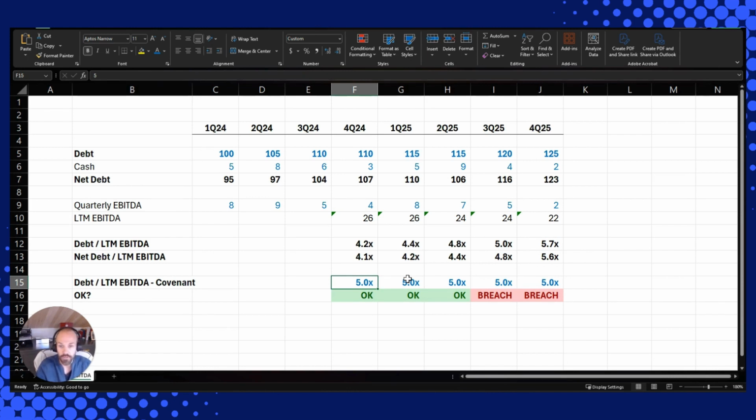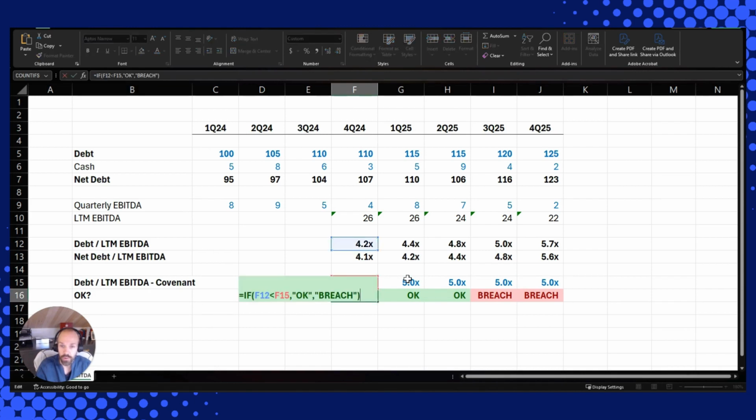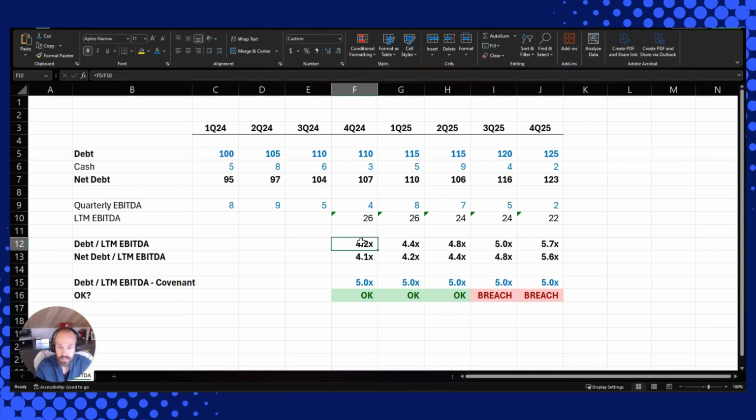If you're below 5 times, it's okay, and if not, you're in breach of that covenant, and there are probably consequences with the bank that you have to work out. So here we said the debt to EBITDA covenant is 5 times, and in this math down below, we compared the actual debt to EBITDA of 4.2 to the covenant of 5. Obviously 4.2 is less than 5, so we're okay.